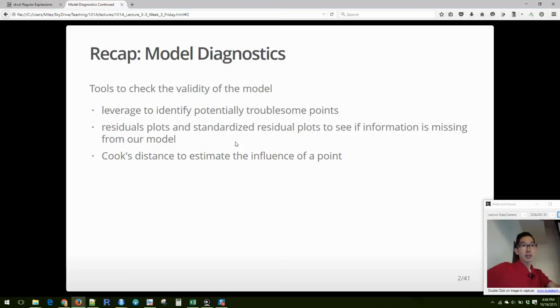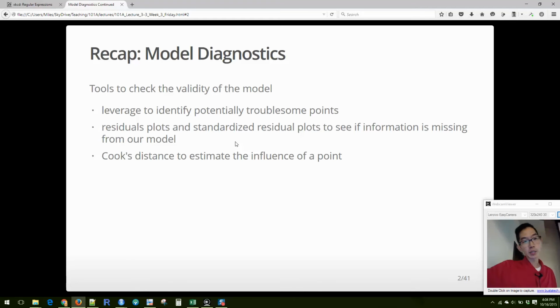Okay. So on Monday, we looked at model diagnostics. Wednesday, we did our dplyr and tidy R tutorial. But we're going back to model diagnostics. And so this is all just tools to check the validity of our model.